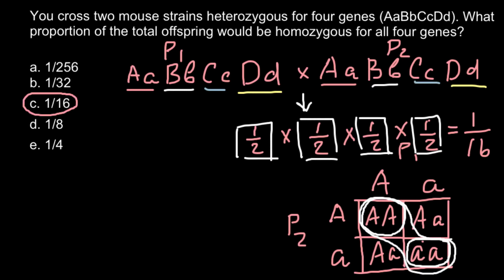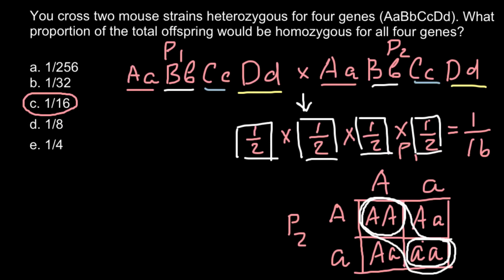And if you have to give an answer as a decimal, you just divide 1 by 16, or if you need to give an answer as a percentage, you divide 1 by 16 and multiply by 100.